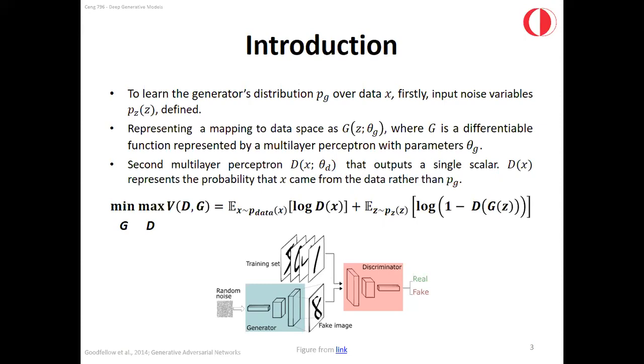Also, the discriminator tries to maximize the log likelihood for the binary classification problem, such as real or fake. As you see from the equation, it is the summary of the GANs.